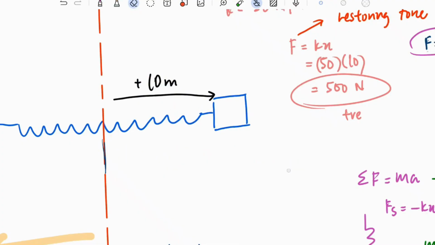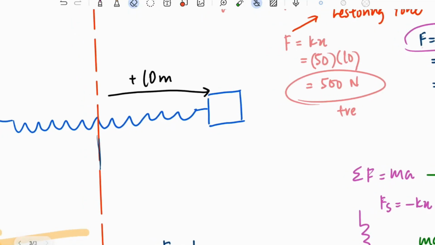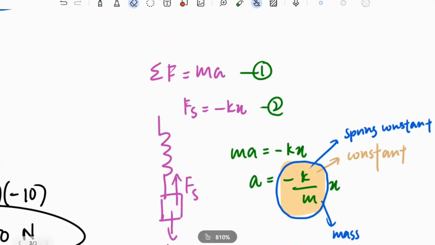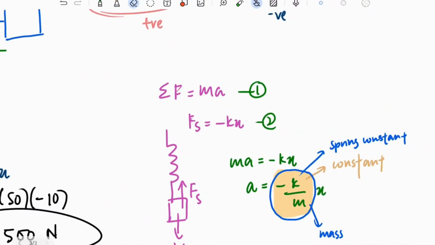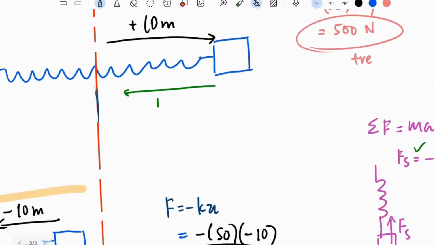Based on our discussion earlier, our spring force is acting in this direction. Am I right? And the only force we have in this scenario acting in the y component, ignoring air resistance, is the spring force. So therefore, our net force is the spring force, which means our net force is also acting in the same direction.